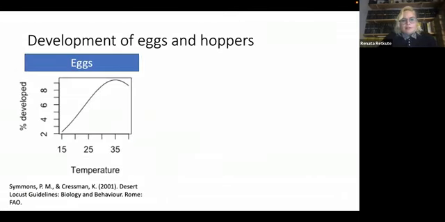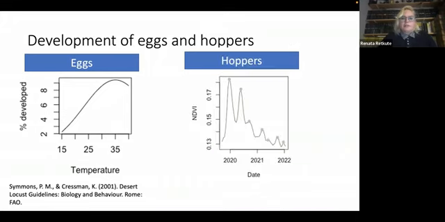For egg development, there is a very nicely defined dependence between temperature and percentage developed. It takes between 2 weeks and a month, depending on suitable temperatures, and whether it's in a range of temperatures. Once the eggs hatch, what is important for hoppers is just to have enough food.